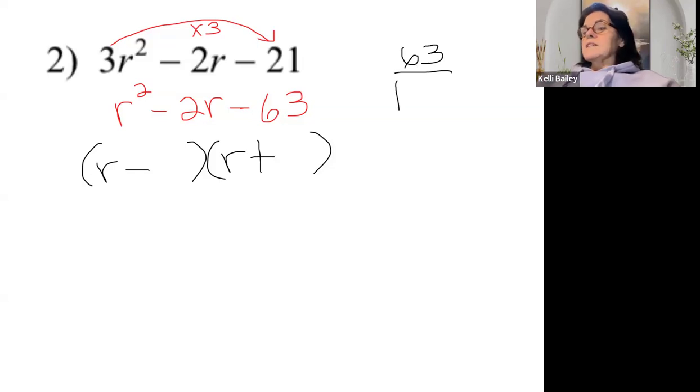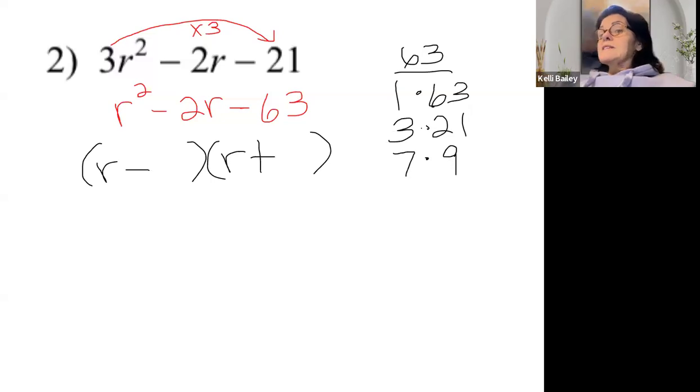So 1 times 63, 2 doesn't go. 3 times 21. 4 doesn't go. 5, 6, 7. 7 goes. 7 times 9. Well, guess what? This is a minus 21, right? Oh, yeah, it's a minus 21. So it's a minus 63.